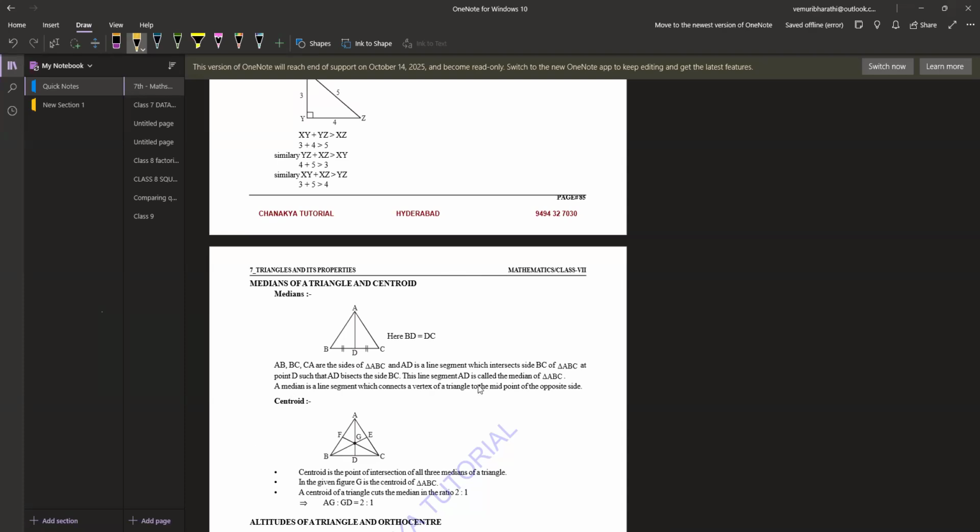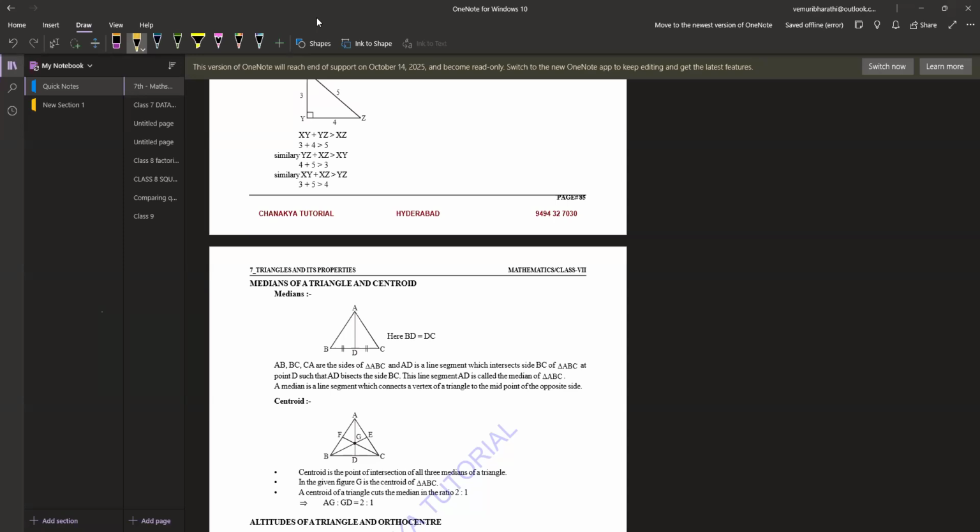And these medians and altitudes, what is a median? What is an altitude, children? Anyone from the class? In a triangle, the altitude is how we measure the height of the triangle. And the median is a line drawn from one vertex of the triangle to the opposite side of the triangle.